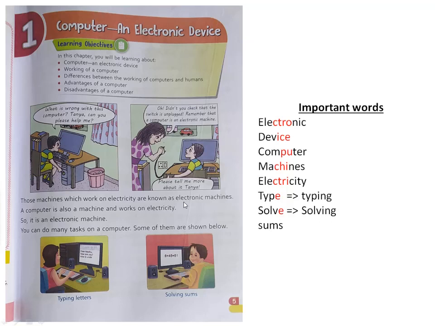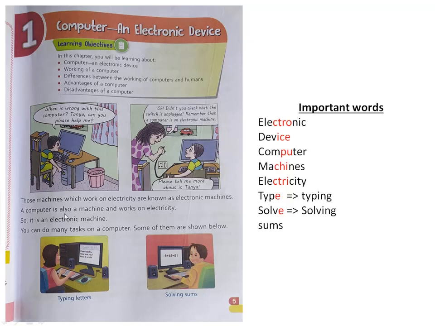They are called electrical machines. And the machines like computer, television are electronic machines. They need electricity, but that is less powerful electricity.